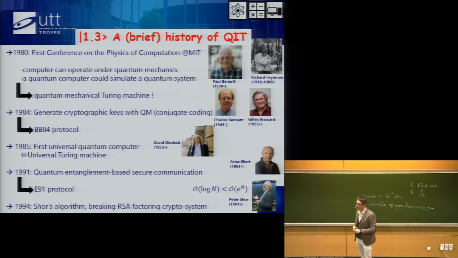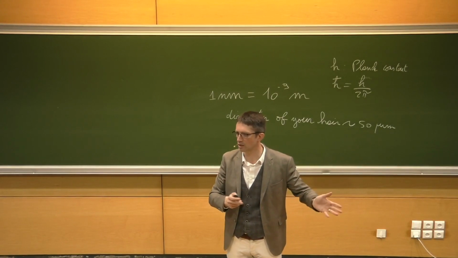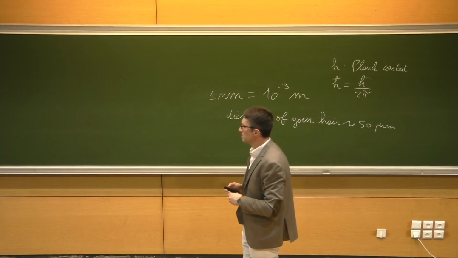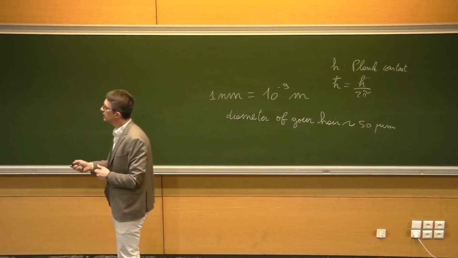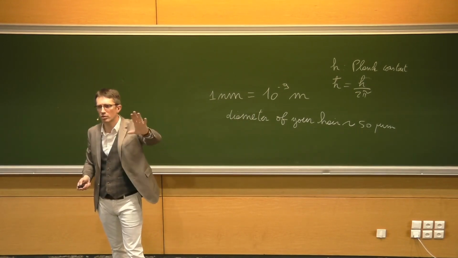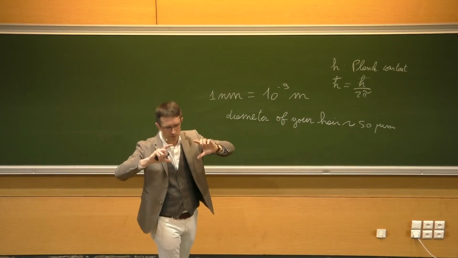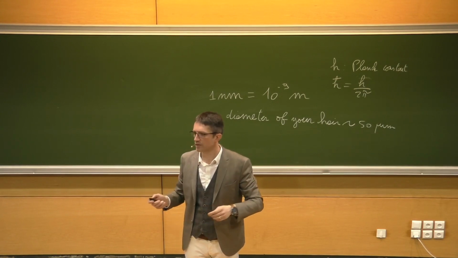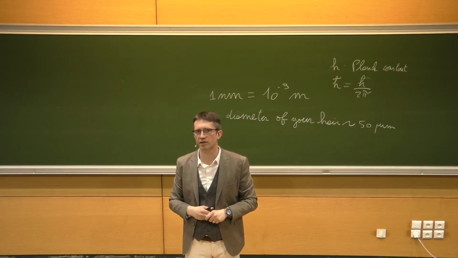During this conference, and around that time, there was a question on whether a computer can actually operate under quantum mechanics rules, which was not the case at the time, and is still not the case these days. And one idea, Feynman's idea, was this: remember I told you that to find out the energy level of an atom, so to actually simulate a real quantum system, is very, very difficult.